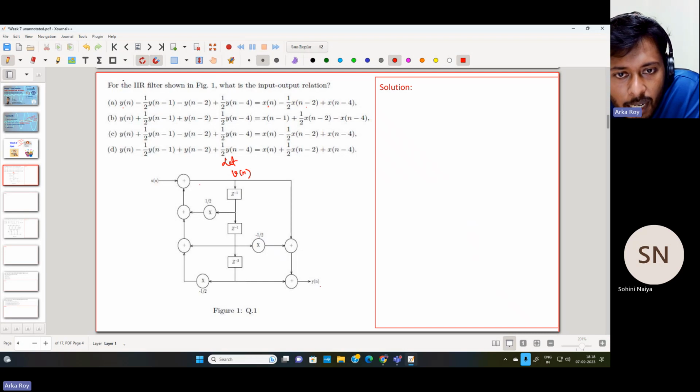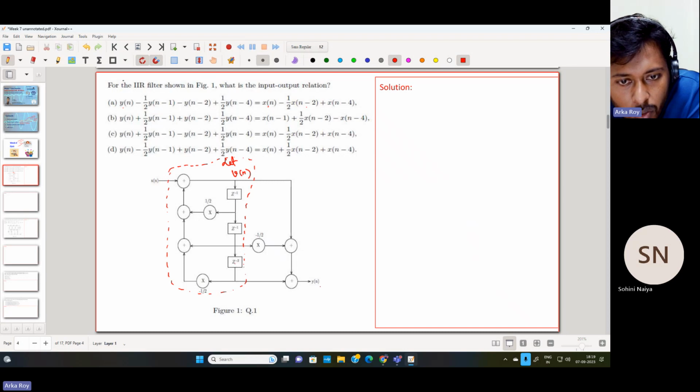Let us start forming the equations of this particular half. I'm marking this area. For this region, let us first configure the governing equation. x[n] is coming from here, and delayed representations of v[n] are coming through these paths.